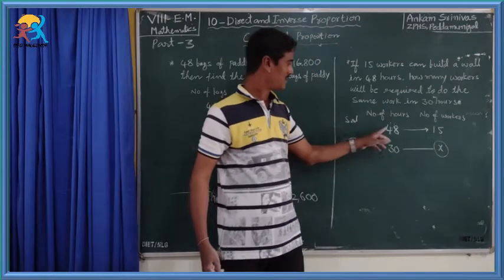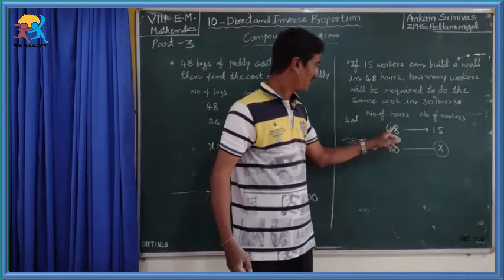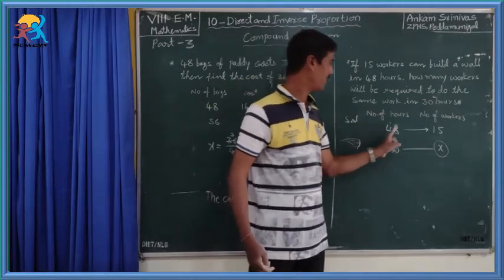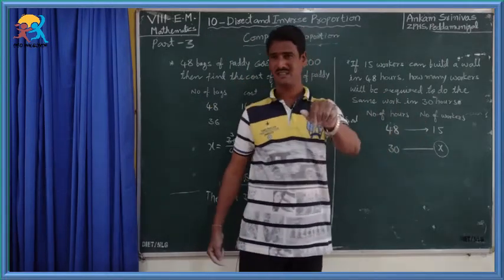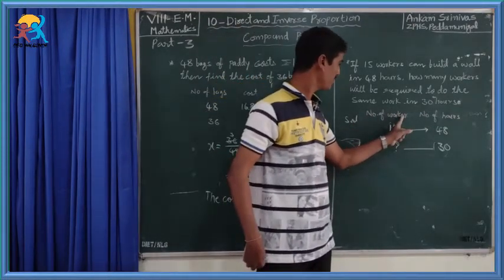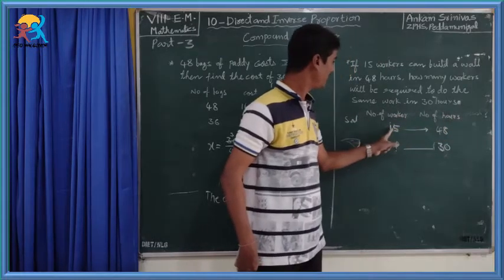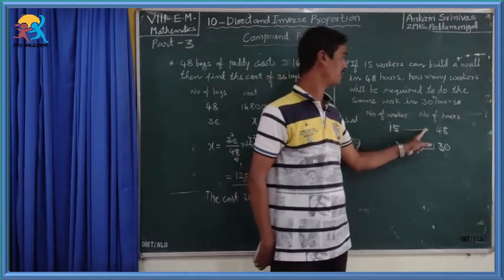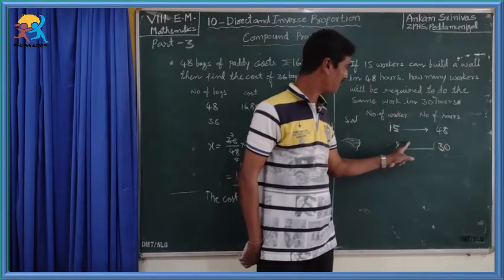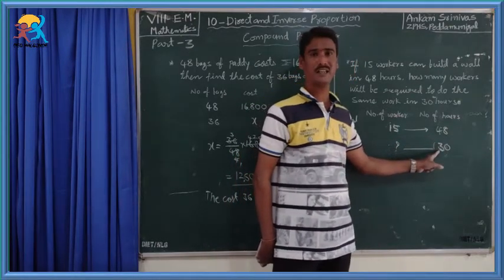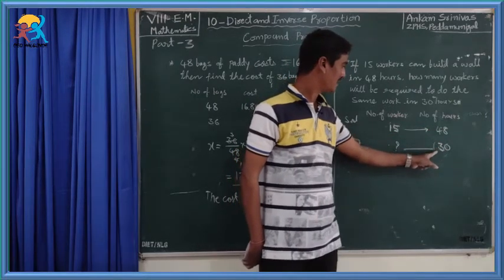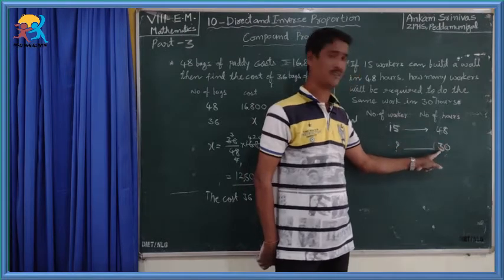Dear children, let's compare these two. Now let's take the number of workers and number of hours. 15 workers can complete the particular work in 48 hours. How many workers can complete it in 30 hours? If you compare the hours, you are taking less time.